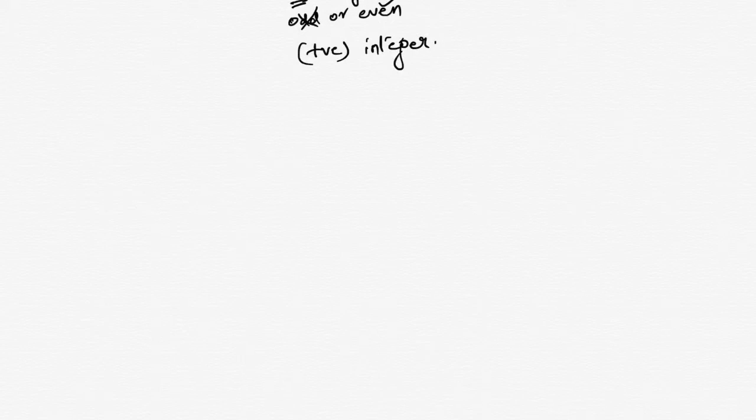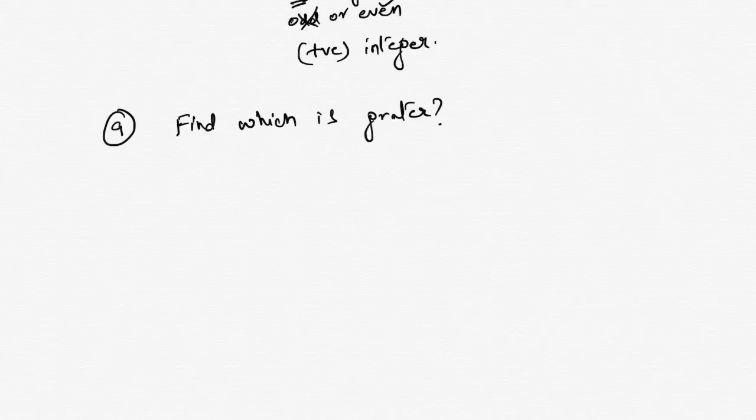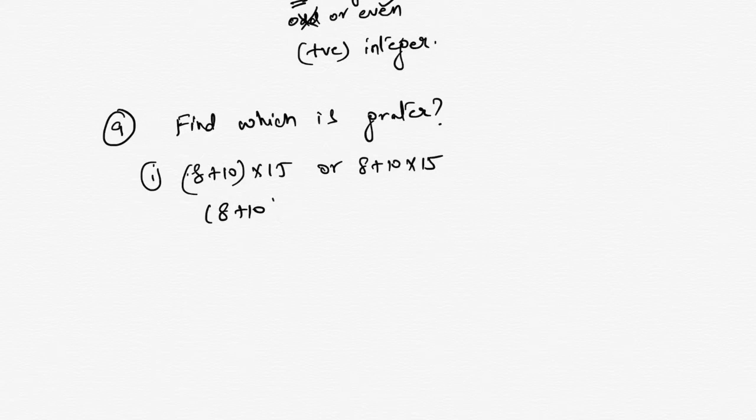So now 9. Find which is greater. Now the Roman 1 problem is 8 plus 10 into 15 or 8 plus 10 into 15. Let's see. 8 plus 10 into 15 is equal to 18 into 15, which is equal to 270.